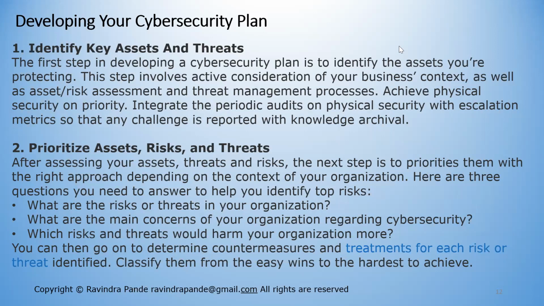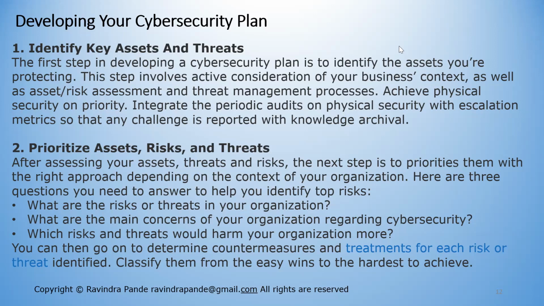This is again mostly circumstantial or scenario based. That's why this can change. But I'm sharing a standard plan of 6 different entities which we normally address while developing a cybersecurity plan.